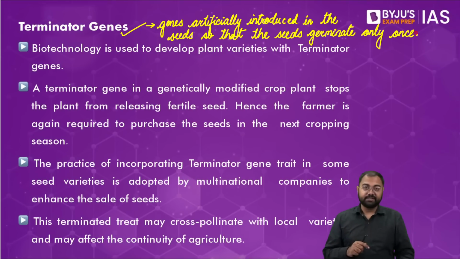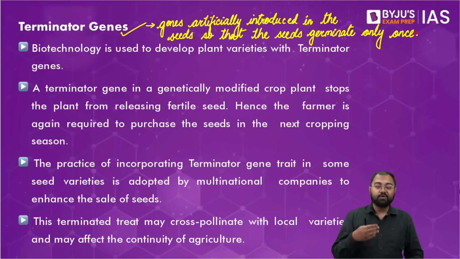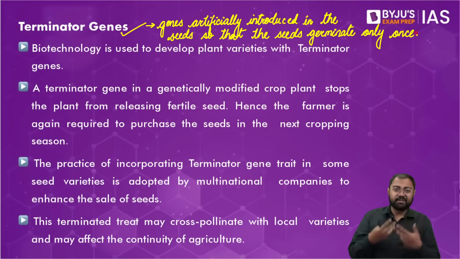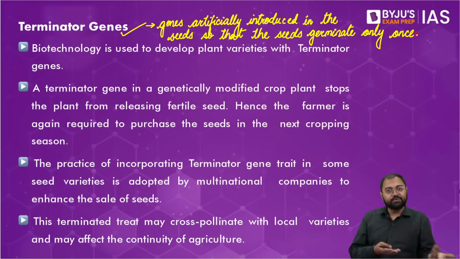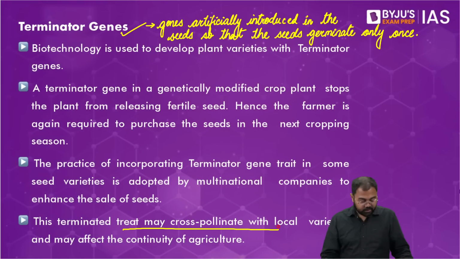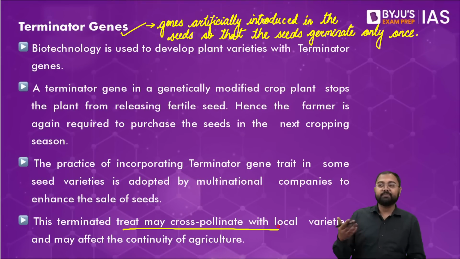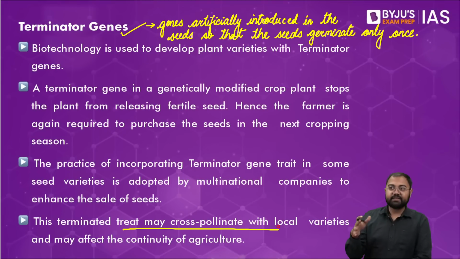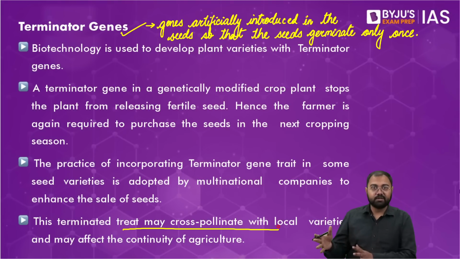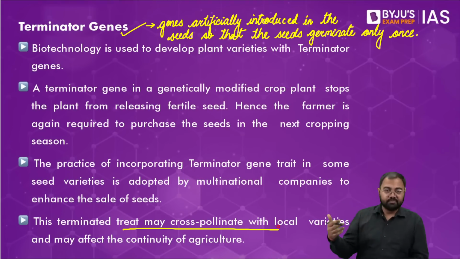So that becomes a big challenge, because it may lead to a lot of wealth drain from the farmers, because they'll have to keep buying the seeds over and over again instead of reusing the same seeds from the older crop. So that is one problem. At the same time, these terminator genes may cross pollinate and may react with some of the other plants growing in the same field, because many times farmers do not just grow the same crop, but rather there might be multiple crops growing together.